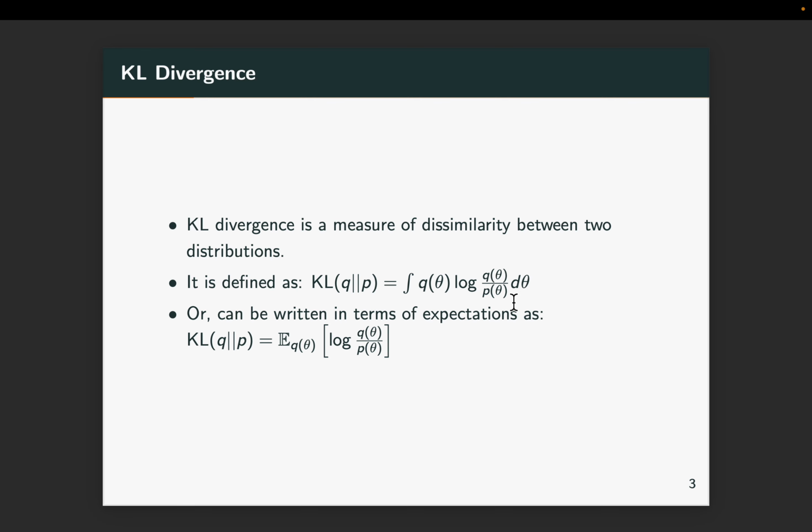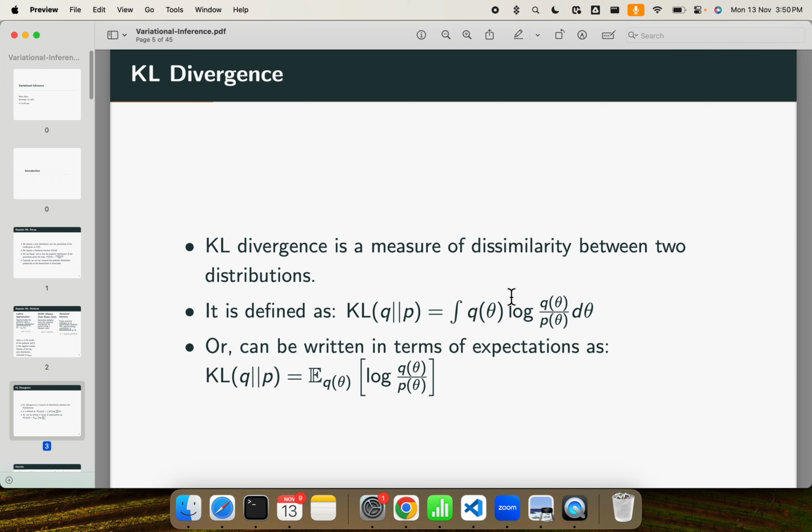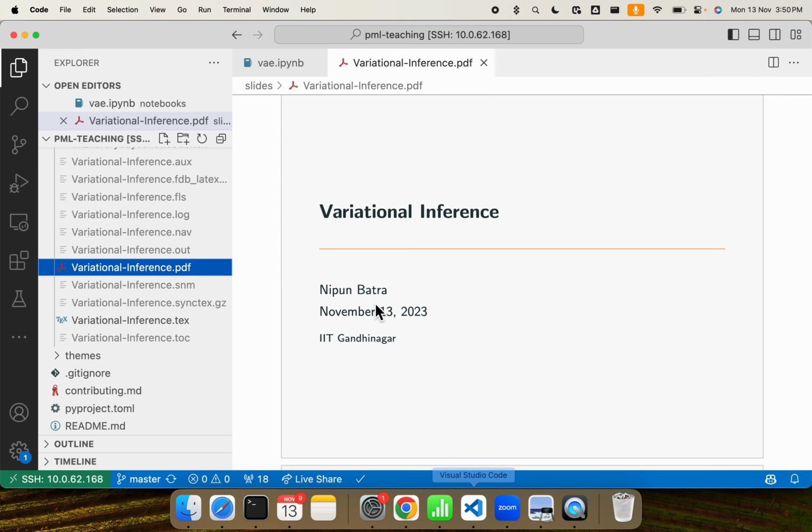We can write this quantity as the expected value of log of Q(theta) by P(theta), where theta is distributed as Q. Right, so these two can be considered the equivalent definitions. Enough maths. Now let's go to some code and see.